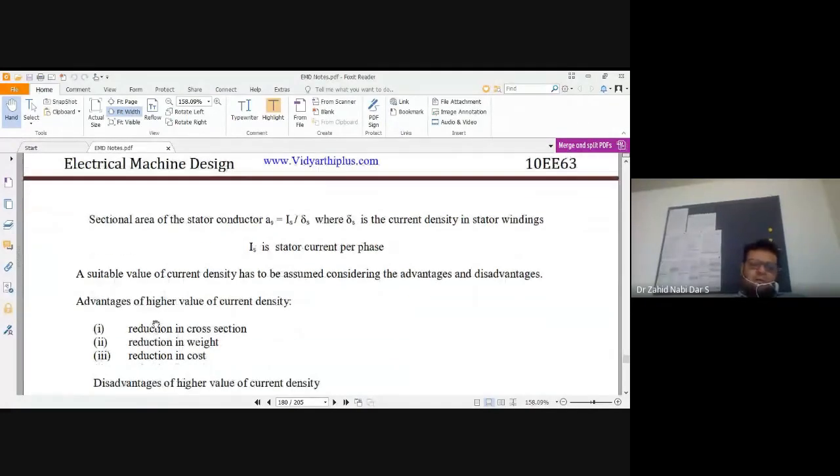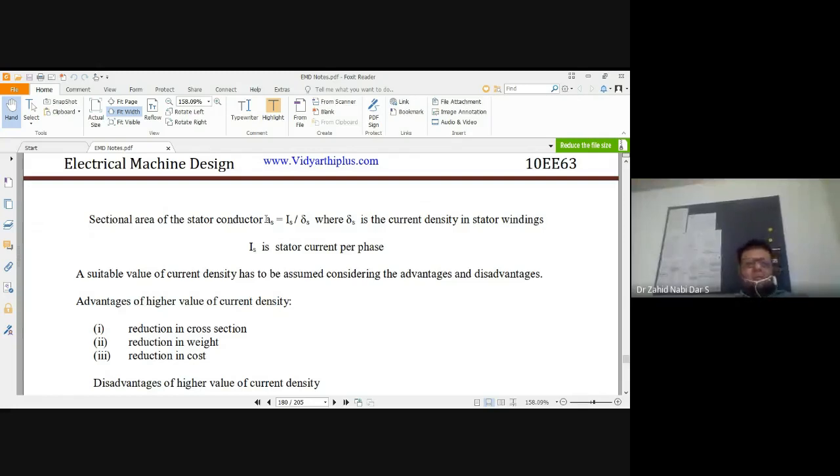So what is to be chosen? A suitable value of current density has to be assumed, considering the advantages and disadvantages. Now, what are the advantages of considering higher current density? Current density is current by area. So how can it be high? When your area is less, because it is inversely proportional to area.